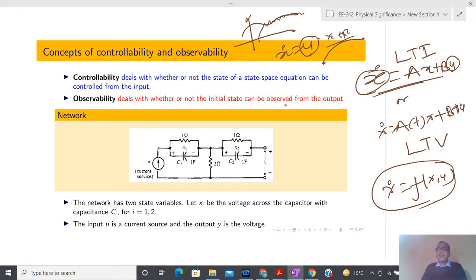Another way, using some theory of linear algebra, I can generate some conditions such that, just by checking some combination of these two matrices, I can guarantee that there exists at least one control.